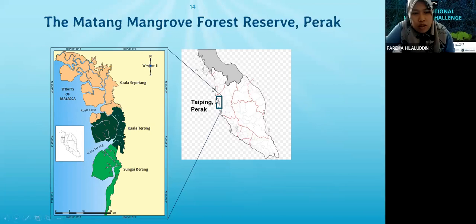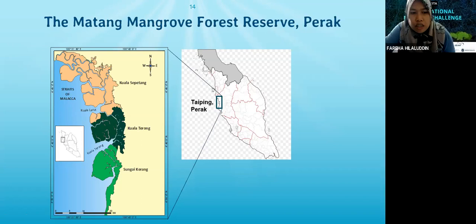Okay, so you can see the peninsula map, about half of the Perak coastal area of Negeri Perak in Malaysia is covered by this mangrove.